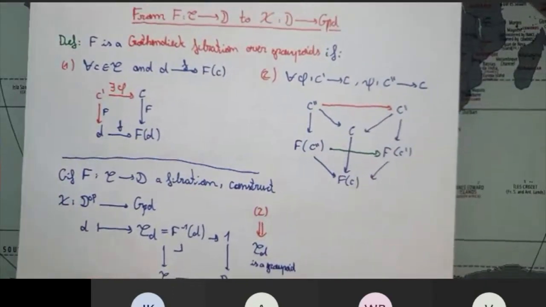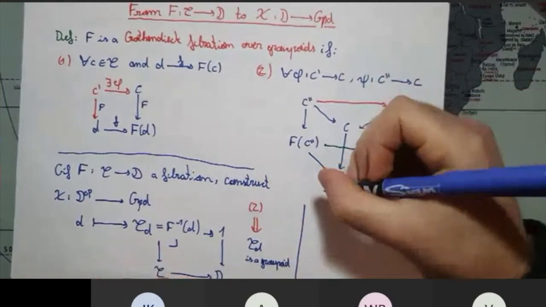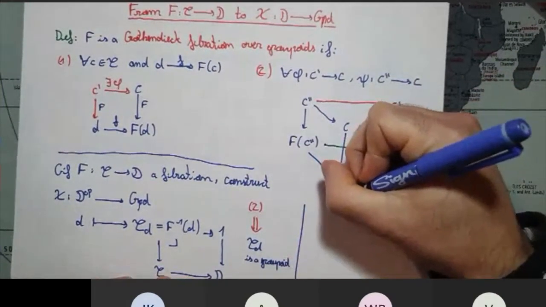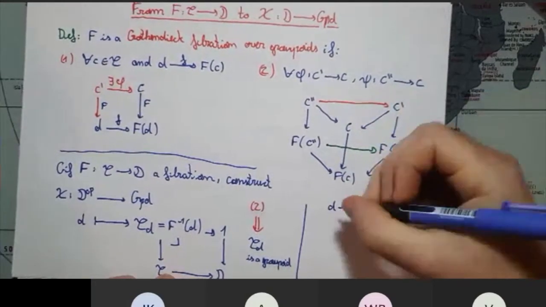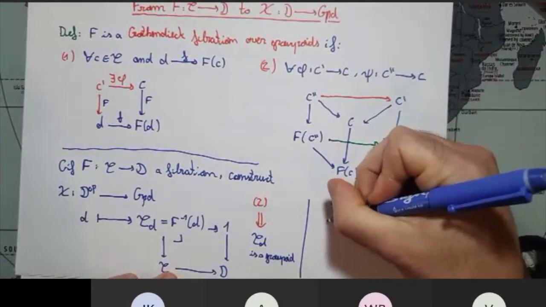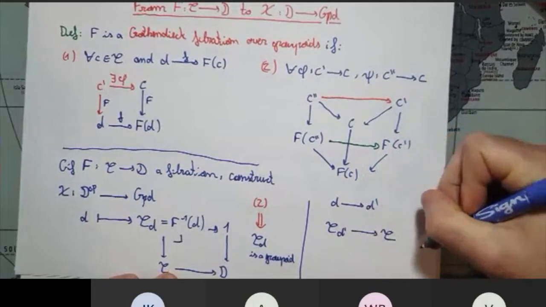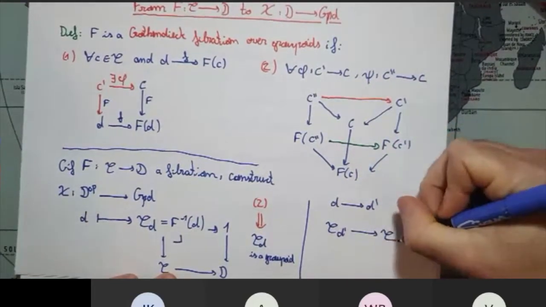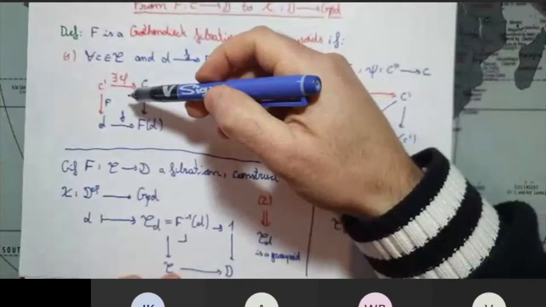And then for an arrow from D to D prime, we have to find a functor from C D prime to C D, which is given by this lifting.